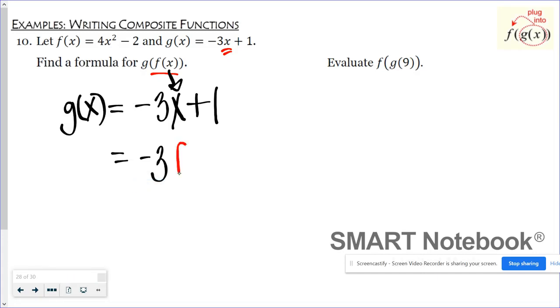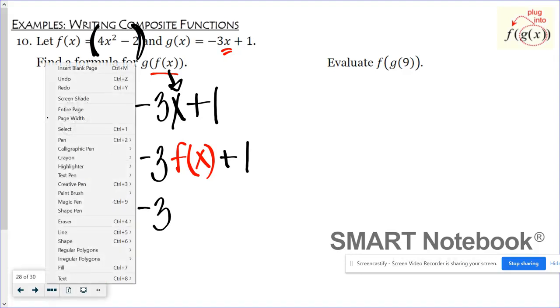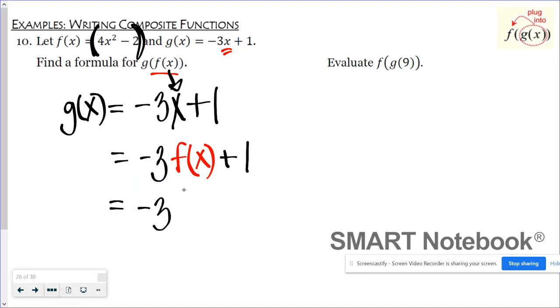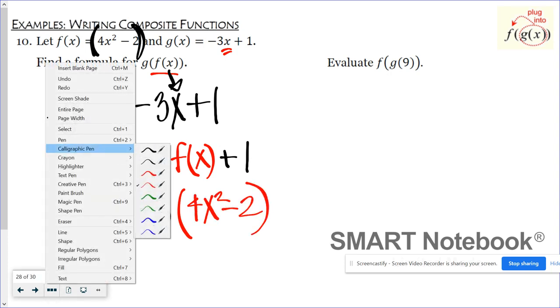So negative 3 times f of x plus 1. And then I really want to put f of x, which is 4x squared minus 2, in its place. So now I have negative 3 times the function f of x, so 4x squared minus 2, and then plus 1.